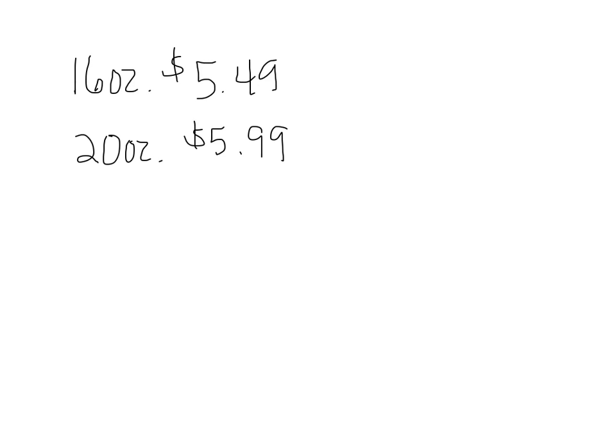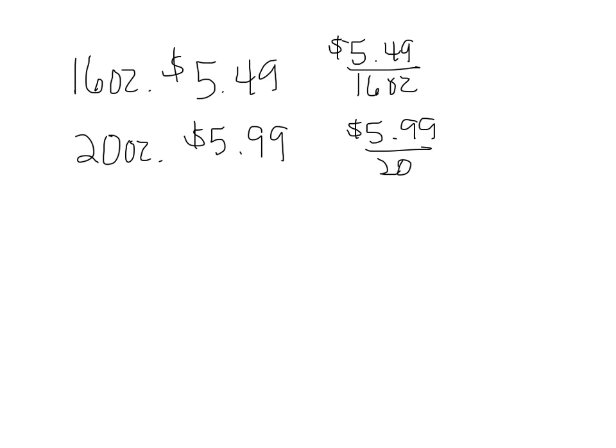So we need to do unit rates. So we're going to do cost per ounce. We're going to figure out how much it costs for 1 ounce so we can compare it to how much it costs for 1 ounce on the second one.